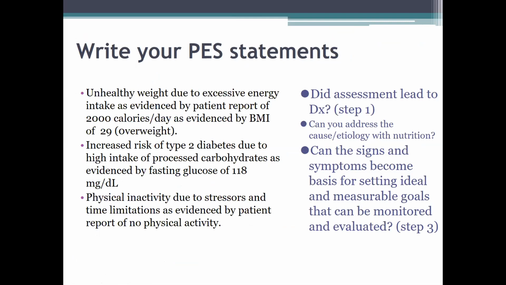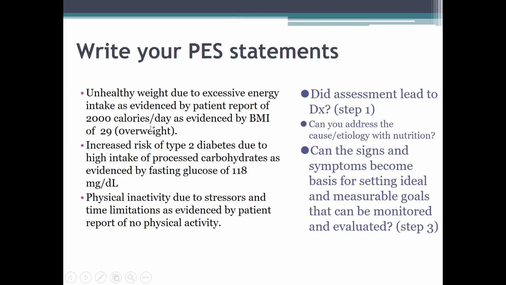Is the etiology something that can be fixed by nutrition, and do our signs and symptoms, can we use those for something that can be monitored? So I picked an unhealthy weight due to excessive energy intake as evidenced by patient report of 2,000 calories per, oh geez. Huh, I did two signs and symptoms. Sorry, I must have changed my mind in the middle.